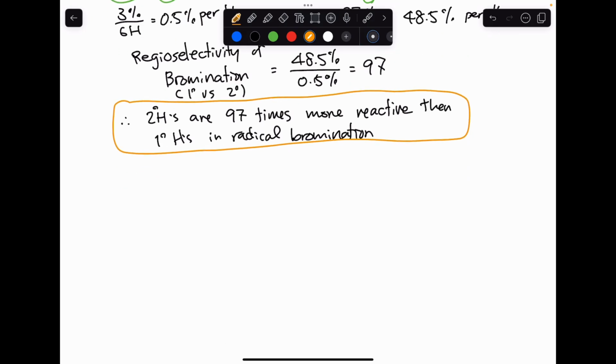Okay. To do some thermodynamic math here, right? Remember that in this step of propagation, you're breaking the primary CH bond and forming an HBr bond. So this bond here is still worth 101 kilocal per mole, like before.